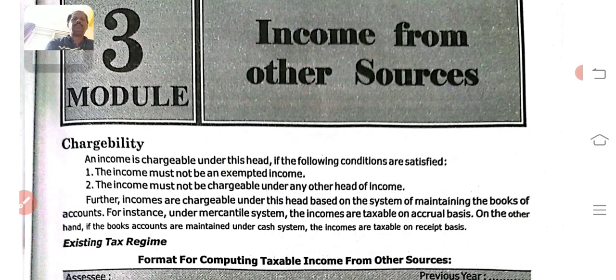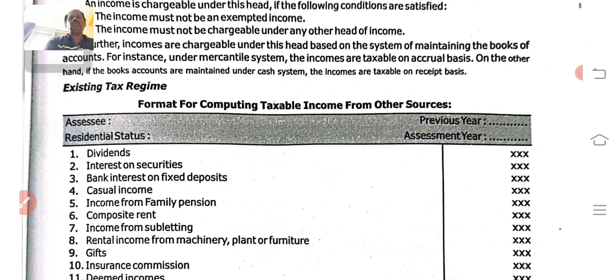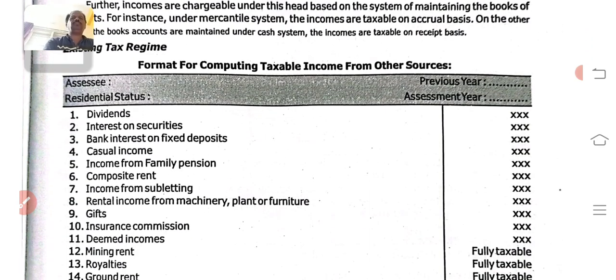For example, under the mercantile system, the incomes are taxable on accrual basis. On the other hand, if the books of accounts are maintained under the cash system, the incomes are taxable on receipt basis. So these are the two systems of maintaining.